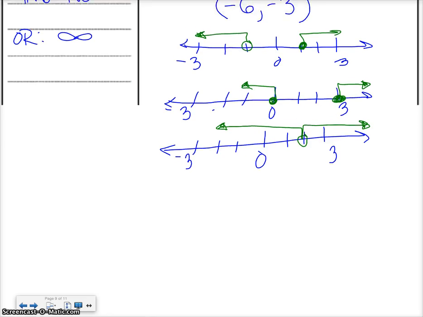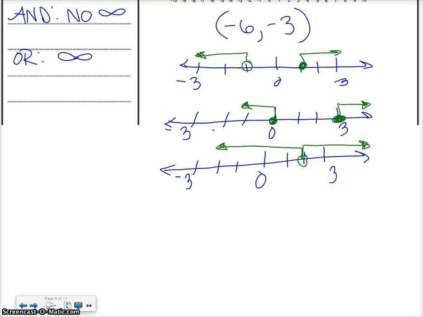Okay, so now we have our OR graphs made, and I just want to reiterate that you always start left to right, because these OR ones get a little bit confusing when you do interval notation. So I'm starting left to right on my first graph here. What number do I start with? Where's that arrow go to? Negative infinity.